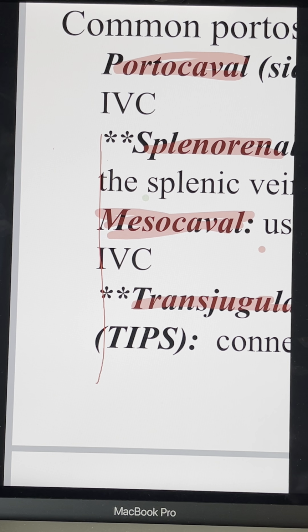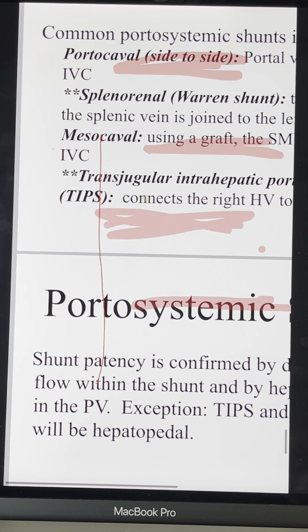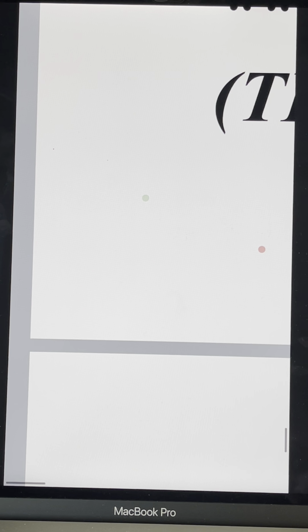So now, when we talk about these four, PSMT, are these the four?